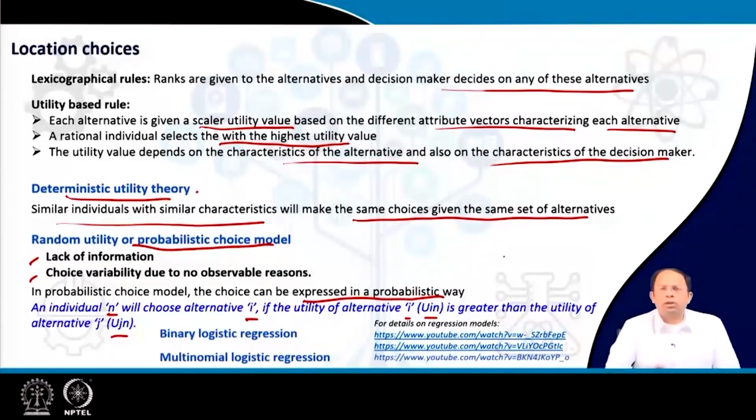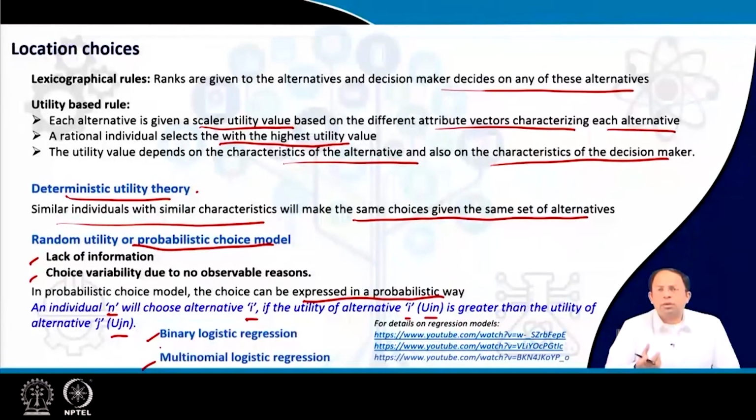So there are two ways to do this. Like we have been discussing when we learnt about willingness to pay and the different methods to evaluate willingness to pay, we have learnt about binary logistic regression and multinomial logistic regression. So those kinds of regression have to be applied to determine these utility equations and the weightage of those particular factors.